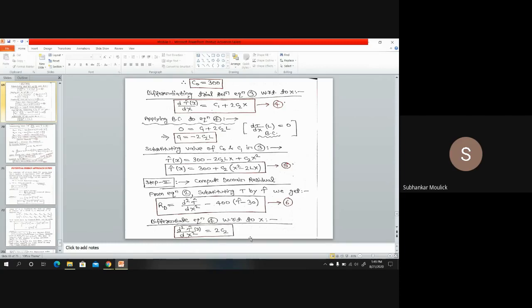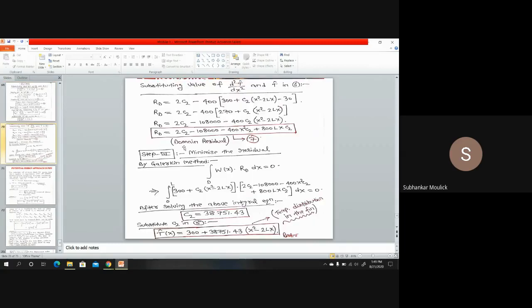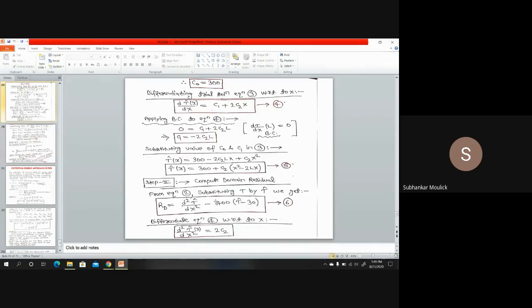Fine. So again you can modify your residual. Now your residual RD becomes, in place of d2 T cap over dx2, you can write 2 times C2. So 2C2 minus 400 in bracket T cap, minus 30. What is your T cap? T cap is equation number 5, the modified assumed trial function.